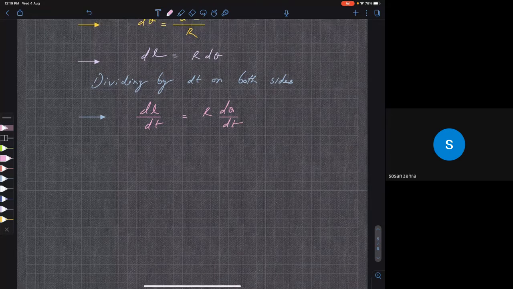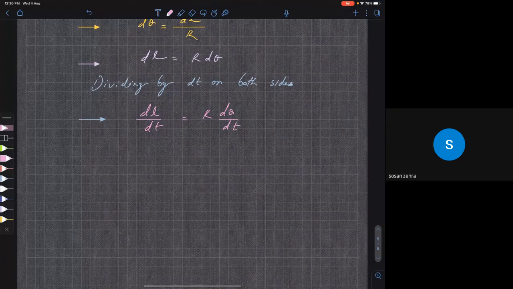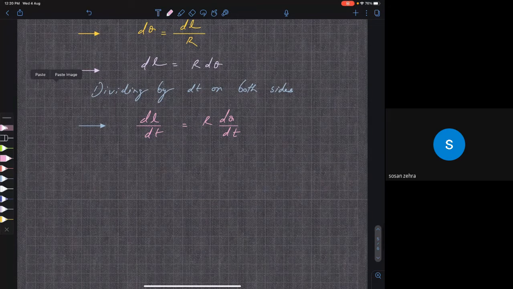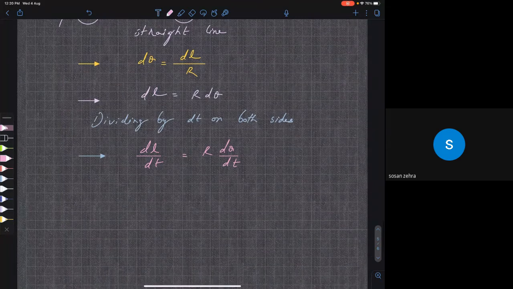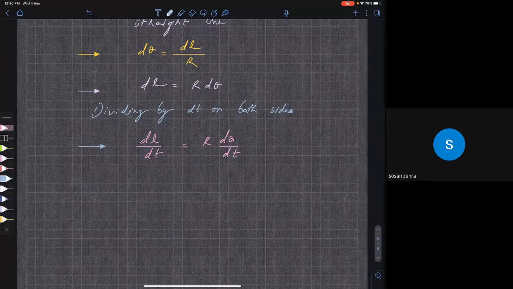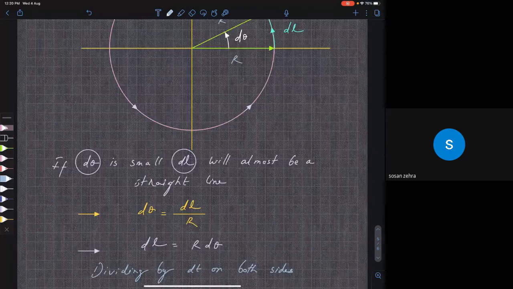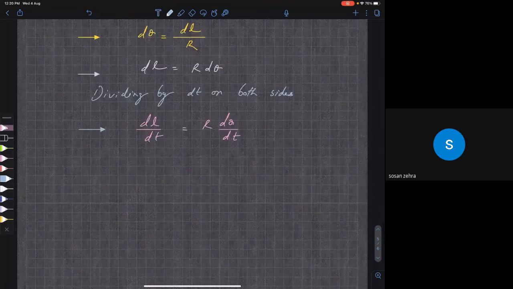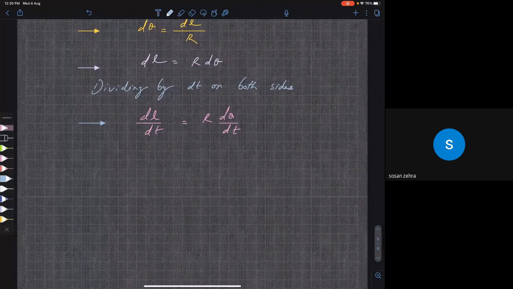What is dl by dt? Tell me. It will be speed, or velocity also. It will be instantaneous velocity. Do you agree? Yes, sir. So dl by dt is instantaneous velocity.